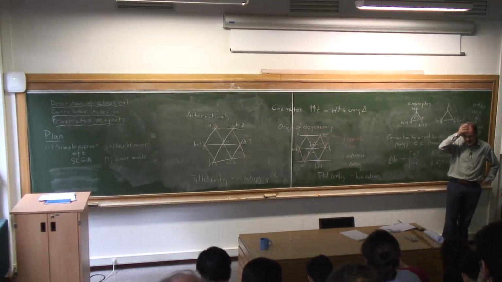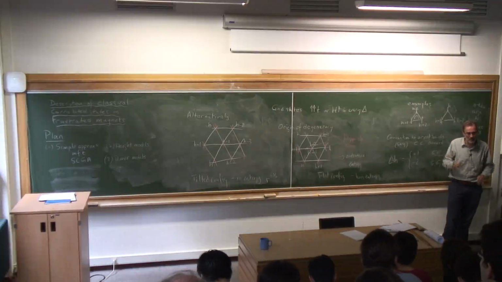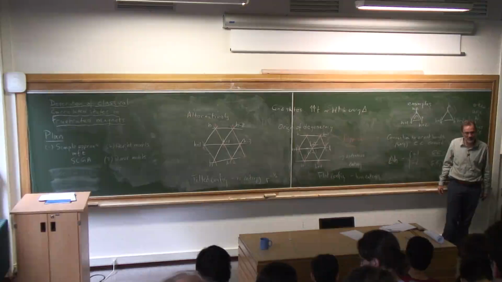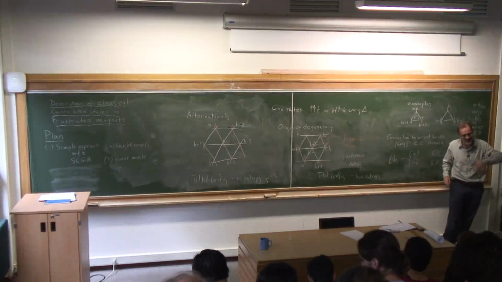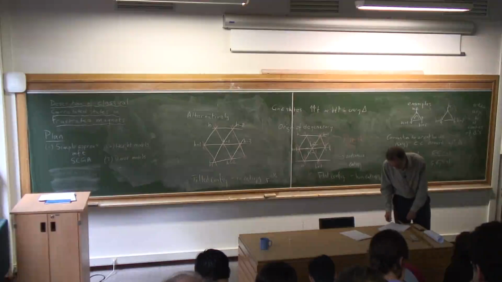And the answer is yes, and the point is that since it's consistent around an elementary triangle, it must be consistent around some bigger area because we can make it by putting together triangles and everything will cancel in the interior and you'll just get a contribution from the boundary. So, yes, it would fall apart if that weren't the case.